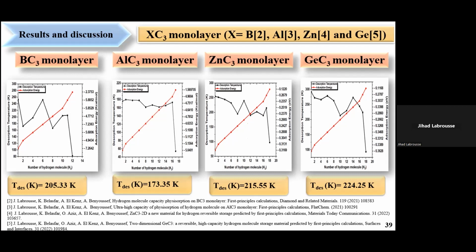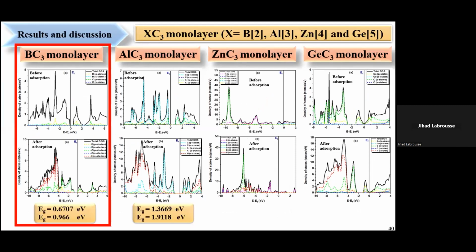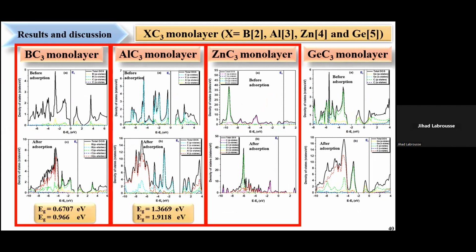Further, we calculated the density of states of these materials. We can see here that all the materials keep their behavior before and after absorption of hydrogen molecules. And also there is a shift towards the negative energies, which means that our materials are stable.